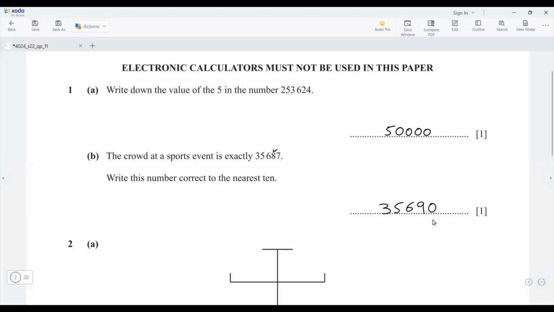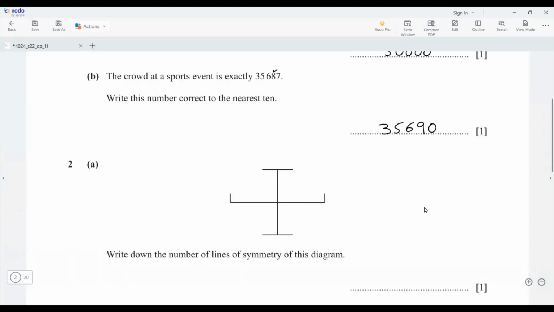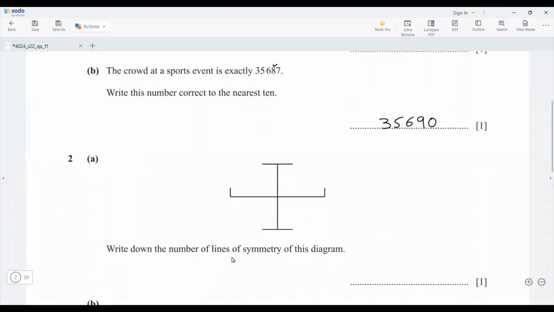So going quickly towards question number 2. There is a diagram given, and we have to write down the number of lines of symmetry of the diagram. What does this mean? The lines of symmetry are the mirror lines or lines of reflection. If we make a line on this figure, it will be a reflection of the other side. If we cut this vertically, it will be a mirror image of each other.